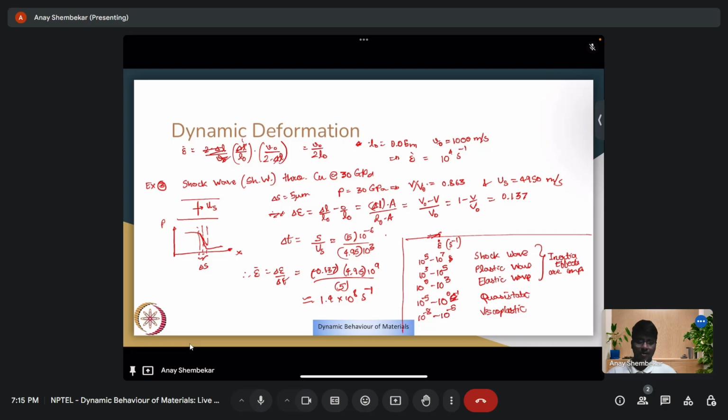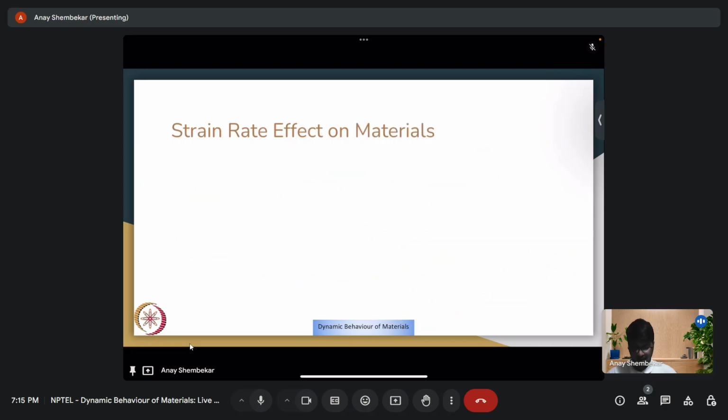Next up, we have the effect strain rate has on materials. So generally speaking, stress is a function of strain, strain rate, and temperature. Here we are looking at only deformation as a function of the current state of material.